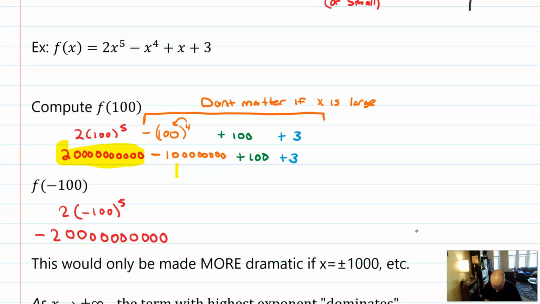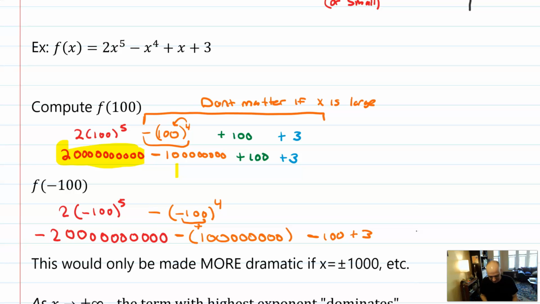And then this, but look at what happened here: minus negative 100 to the fourth would actually still be positive because it's a fourth power. 1, 2, 3, 4, 5, 6, 7, 8. Plus those, plus 100, plus 3. Oh, it'd actually be minus 100.